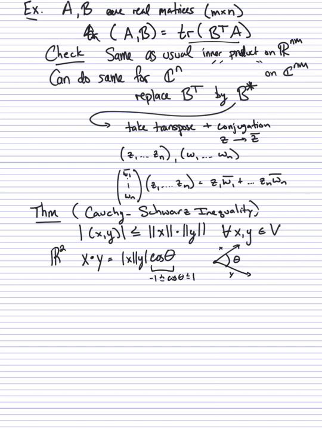That's essentially why it's true in R2 and what it's measuring. You'll also see it written with the inner product squared less than or equal to the inner product of xx times the inner product of yy, which just brings the squares from the norm over to the other side.